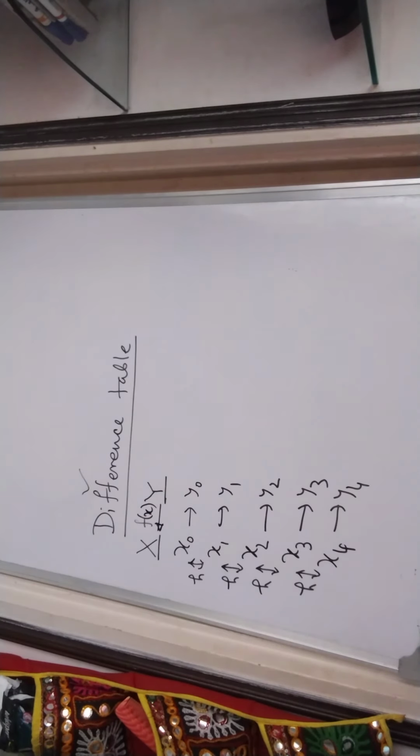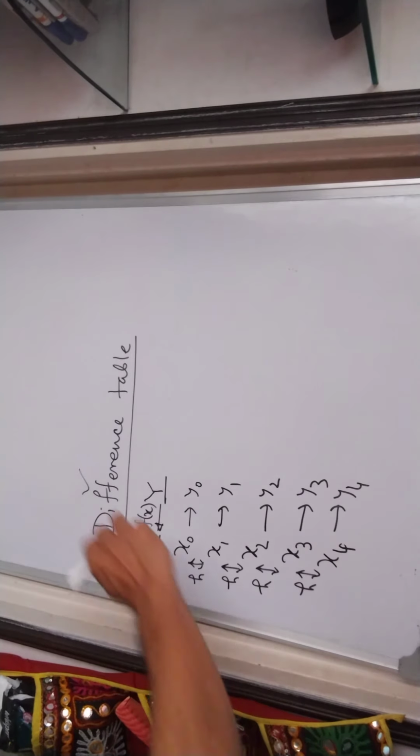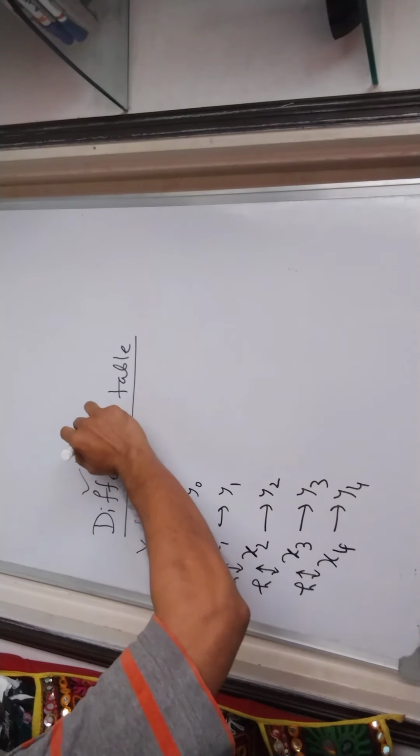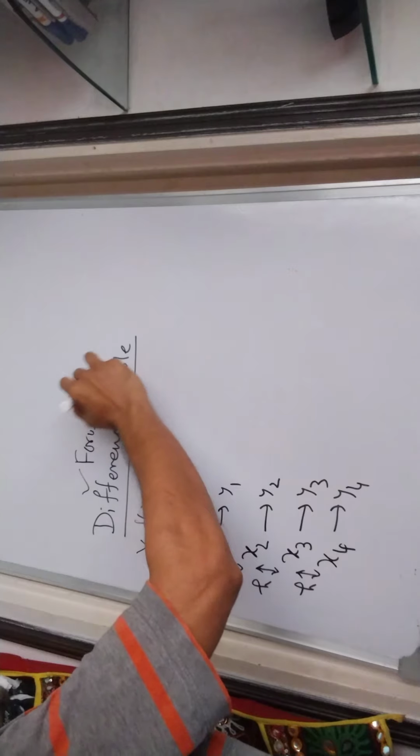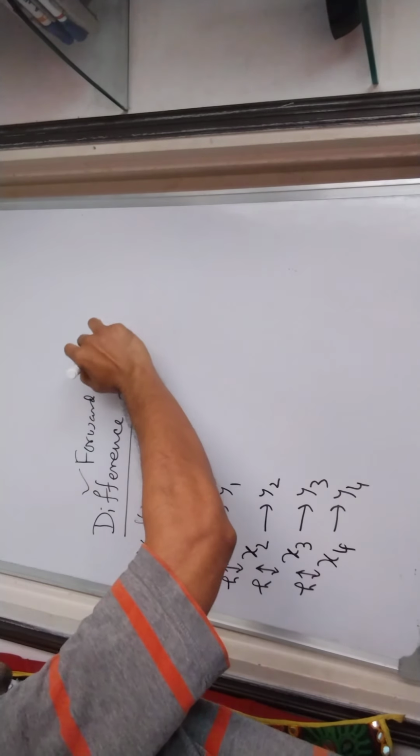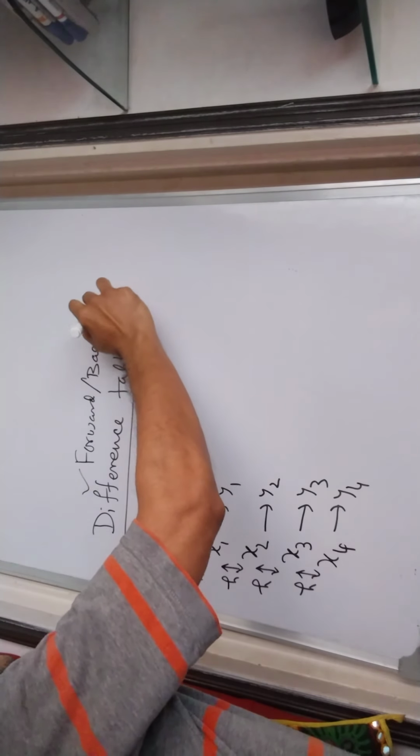Okay, so first of all we would like to know what is a difference table. There are two types of differences. One is forward difference and another is backward difference.